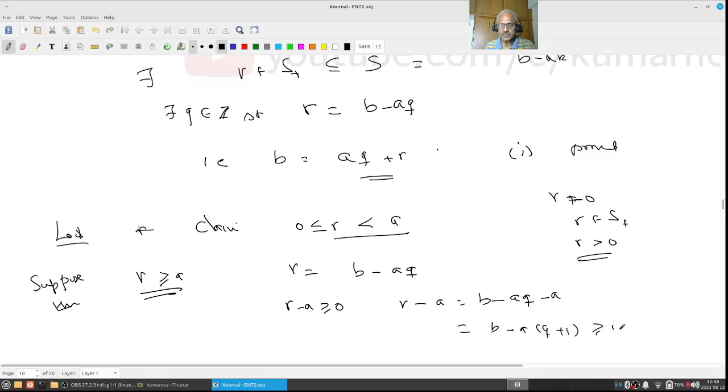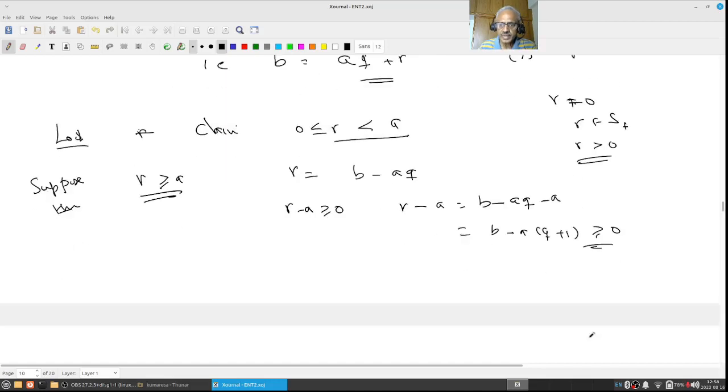Okay, that is greater than or equal to 0, right? Now q is an integer, therefore this is again an element in S and it's also an element in S plus. r minus a is of the form b minus ak, and it is greater than or equal to 0, therefore it is an element of S plus.